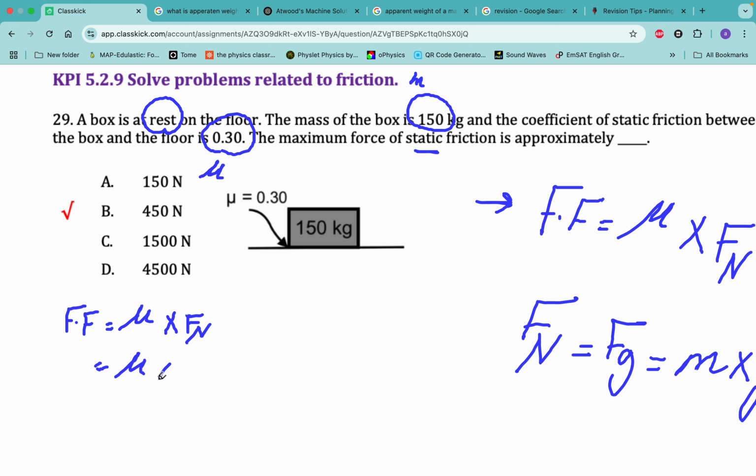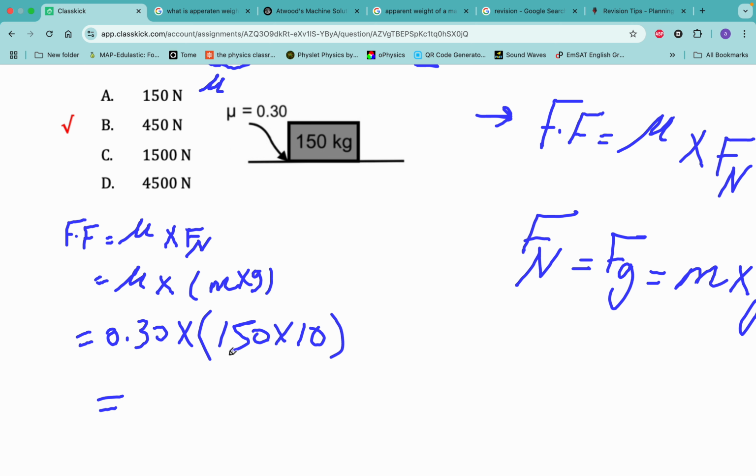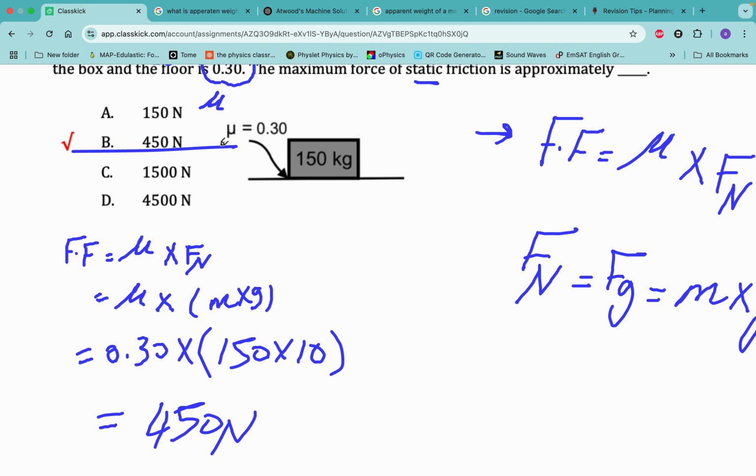We know Fn is m times g, so we substitute. Coefficient is 0.30 times mass 150 times 10, or 9.81. By calculating, the answer will be 450 Newton, which is option B.